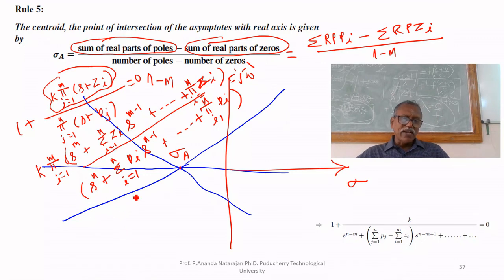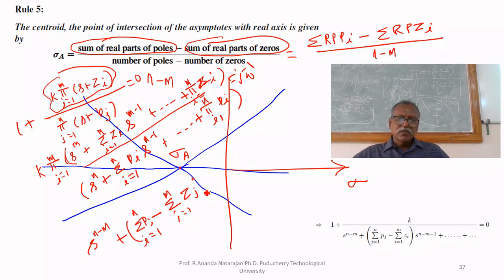If you divide the denominator polynomial by the numerator polynomial, that is, divide the numerator and denominator by the numerator polynomial, what you will get? The numerator becomes 1. The denominator becomes s power n minus m plus the sum of i equal to 1 to n of p i minus the sum of j equal to 1 to m of z j, times s power n minus m minus 1, plus etc., plus the product of these two terms.